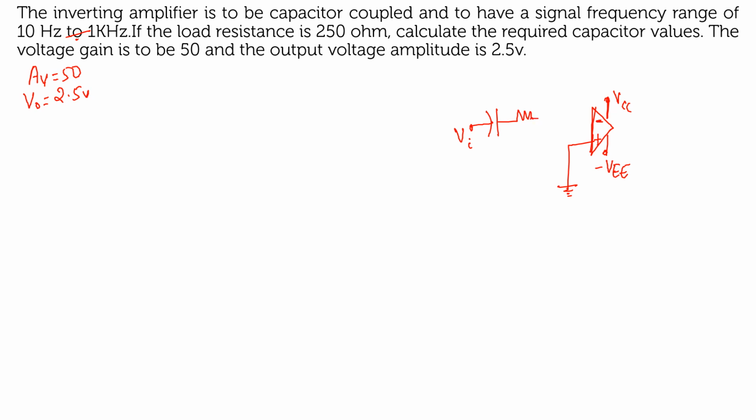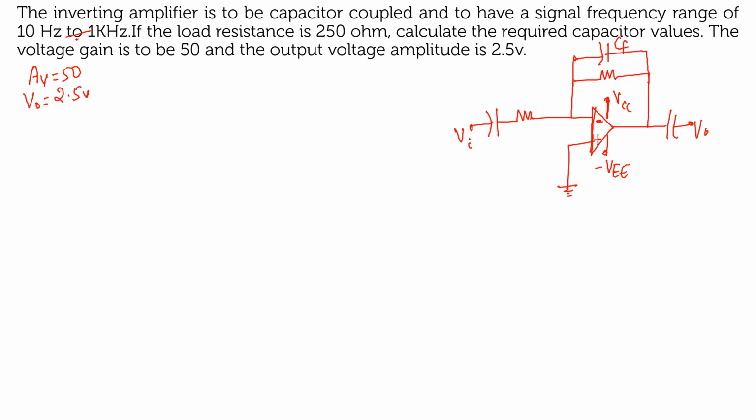And since the frequency range is given, you are going to include the feedback capacitor right across the feedback resistor. So you will be having a resistor. In the output, you will be again having your capacitor. V0. So you are going to include your capacitor in the feedback also.